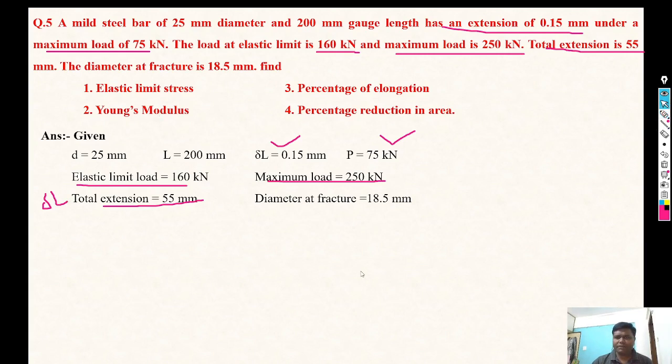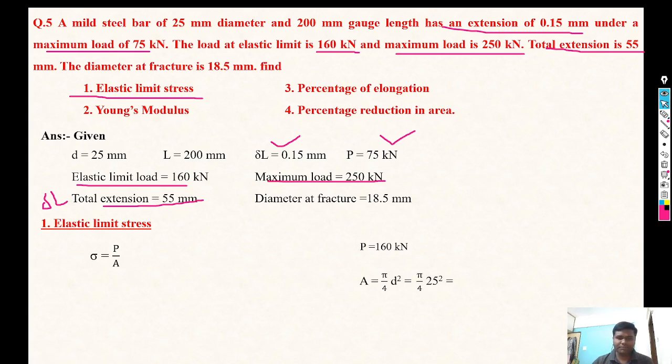First we require elastic limit stress. The formula for stress is again P by A, but here we need to consider the force at the elastic limit, that is 160 kilonewton.